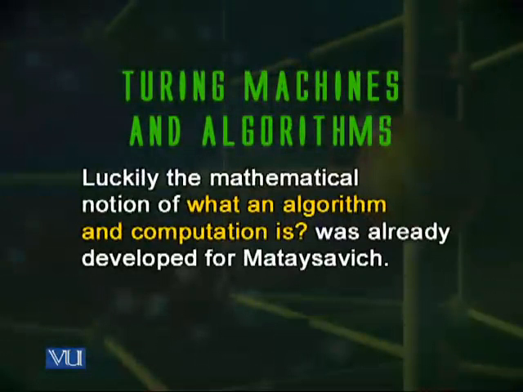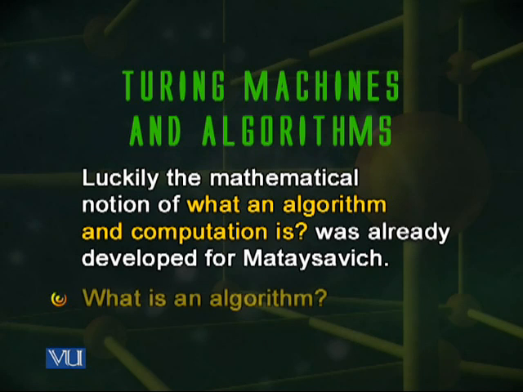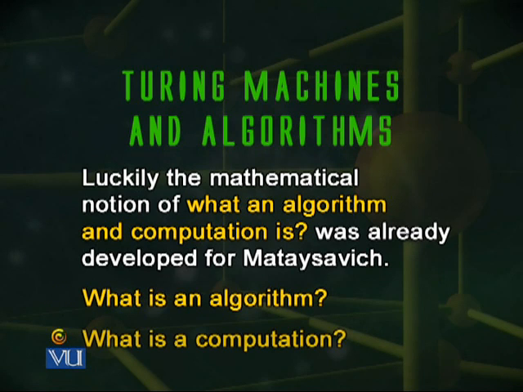Luckily, the mathematical notion of what an algorithm and a computation is was already developed for Matiyasevich. Let us ask a more fundamental question in theory of computation, that is, what is an algorithm and what is a computation? This is a fundamental question that we need in order to even state Matiyasevich's theorem, in order to even tackle Hilbert's 10th problem.